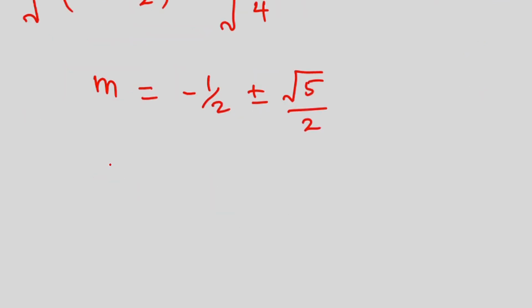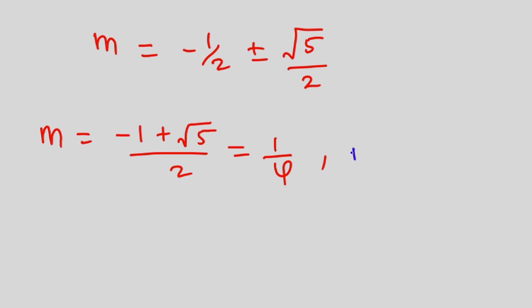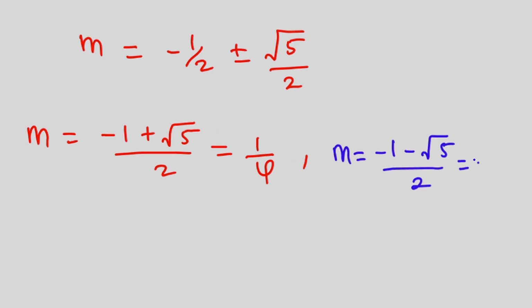So in all, we can split this. We have m is equal to minus 1 plus root 5 all divided by 2, and we're going to let this one equal the reciprocal of the golden ratio. Then the other value for m, we're going to have m is equal to negative 1 minus root 5 all divided by 2, and this will be equal to the negative golden ratio.